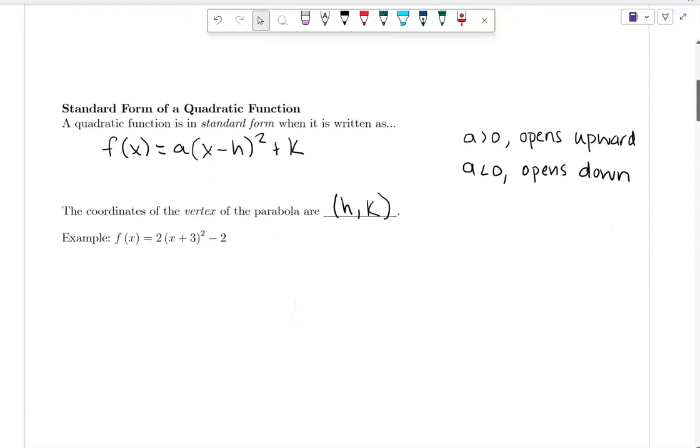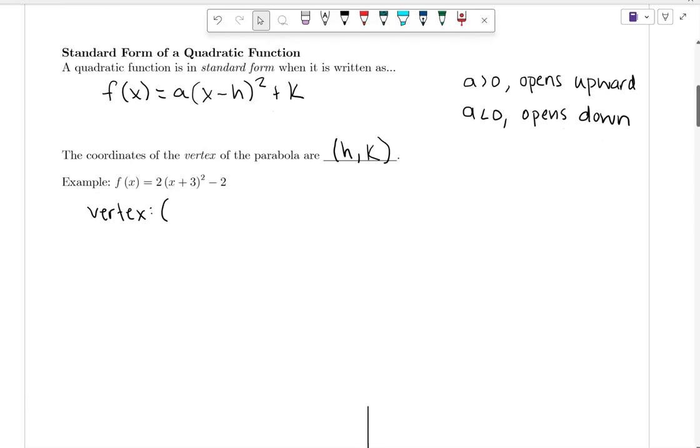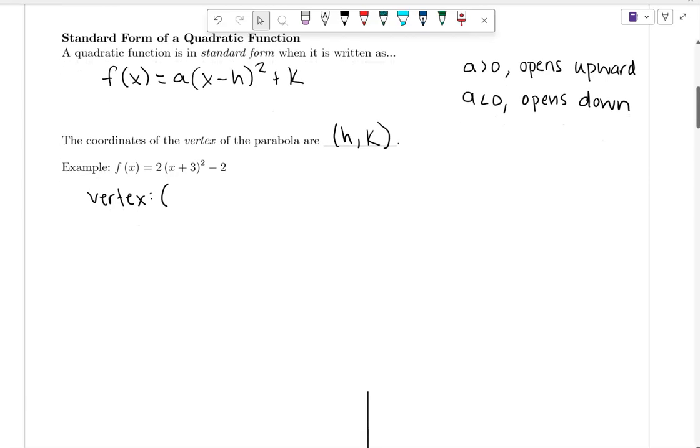All right, now, for the first example, we're just going to find our vertex. What do you guys think the vertex is here? It's going to be a point, h, comma, k. Here, I'll write this up here.